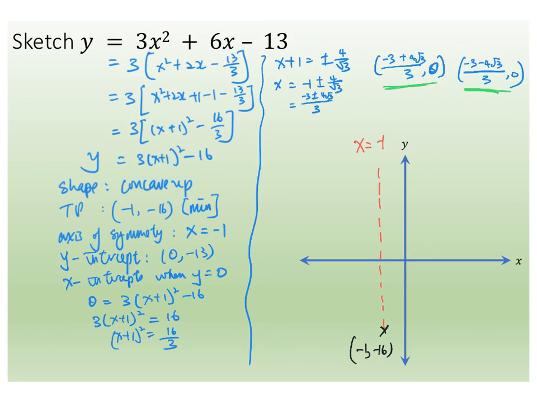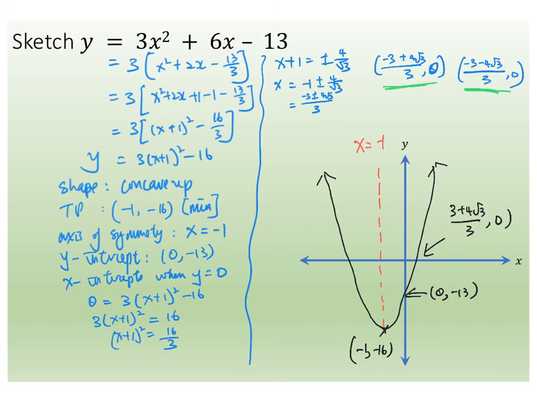I'm going to sketch it first, and then indicate the y-intercept, which is 0, minus 13. This point here is (minus 3 plus 4 square root of 3)/3, 0.